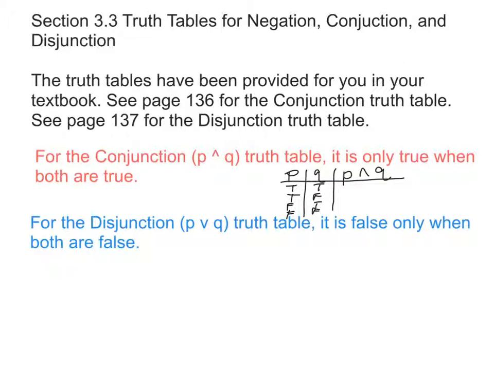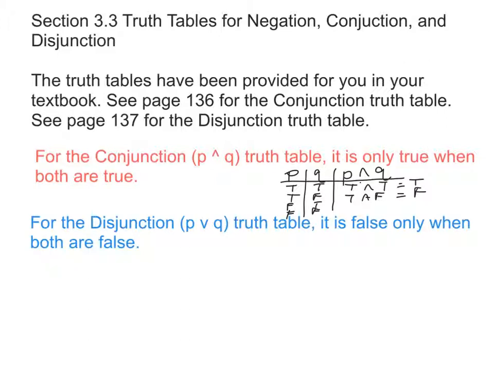This is always the case. So true and true, true and true is true. Everything else is false for this problem. True and false is false. False and true is false. False and false is false.